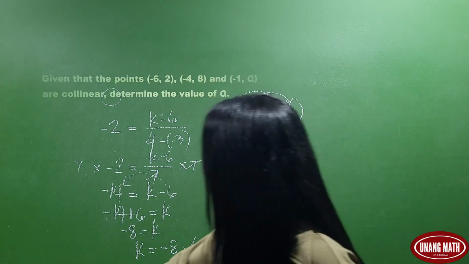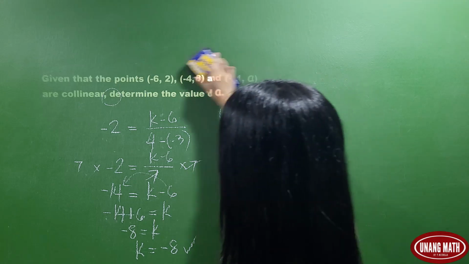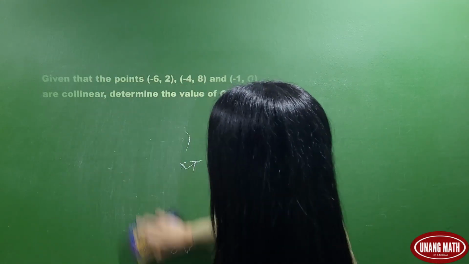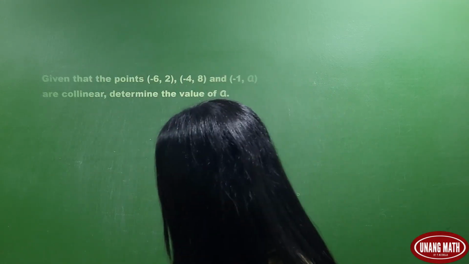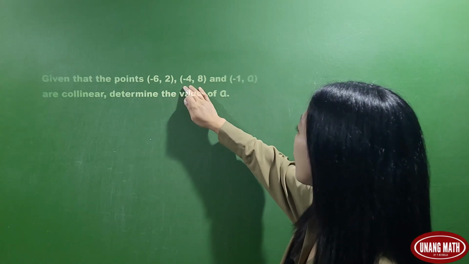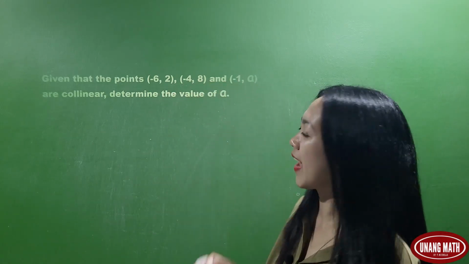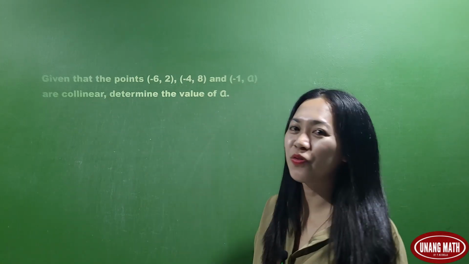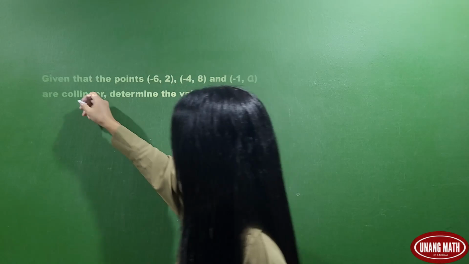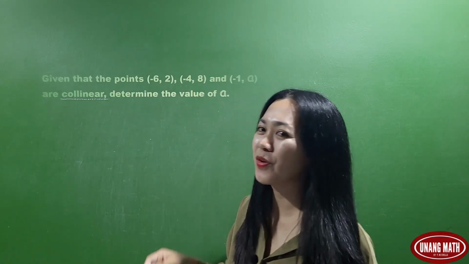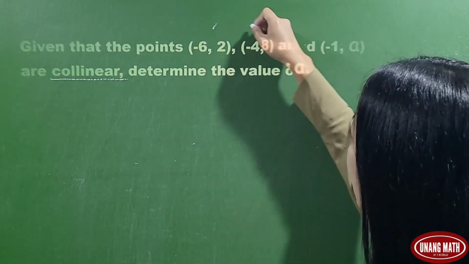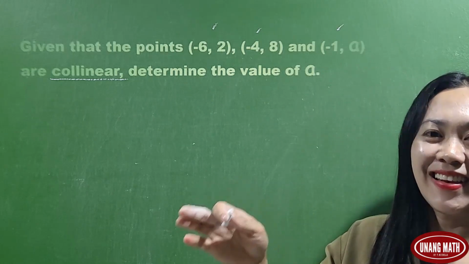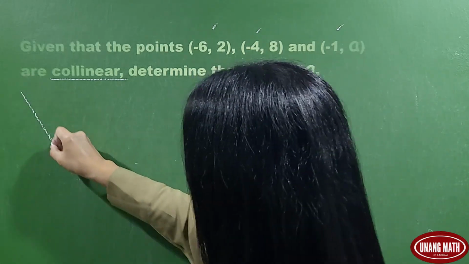Okay, what about this last problem? Given that the points (-6, 2), (-4, 8), and (-1, a) are collinear, determine the value of a. Okay, we have here this word collinear, which means these 3 points lie in the same line.